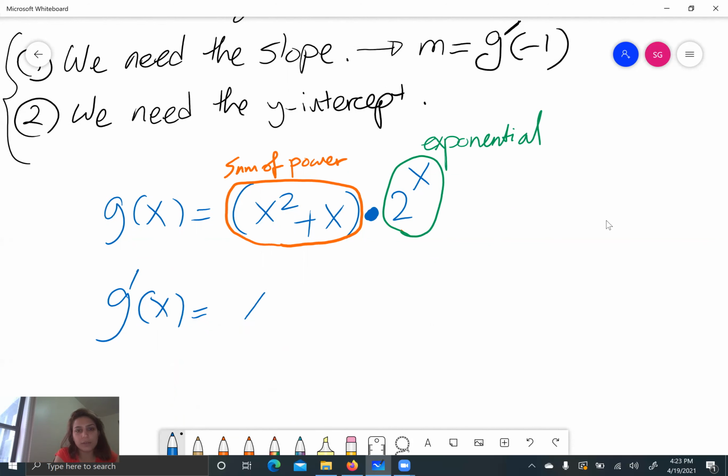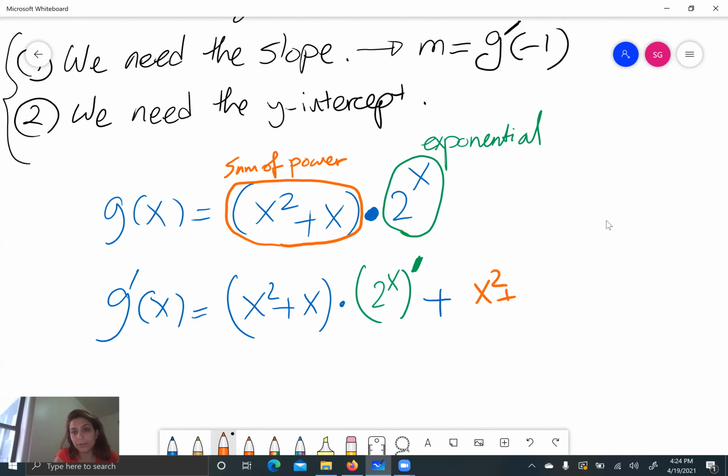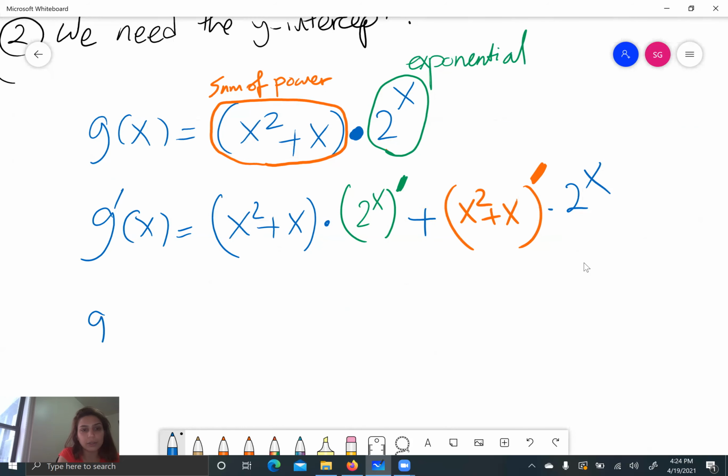It says just copy the first function and multiply it by the derivative of the second function, and then add to it the derivative of the first function multiplied by the second function. So in the next step, we are going to take these derivatives.